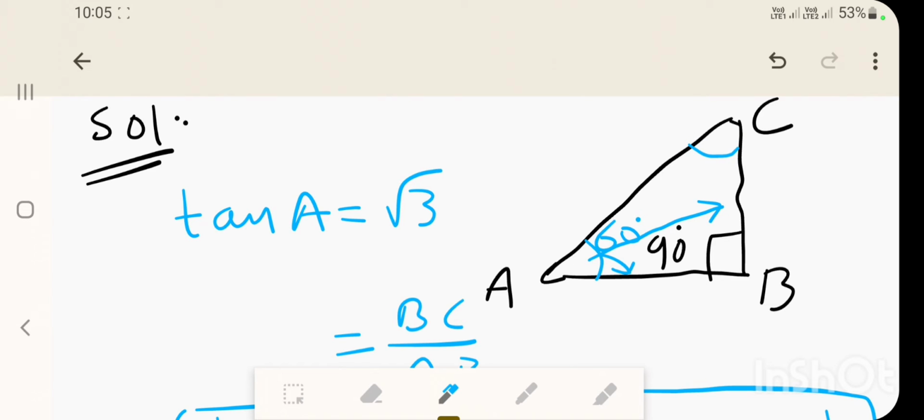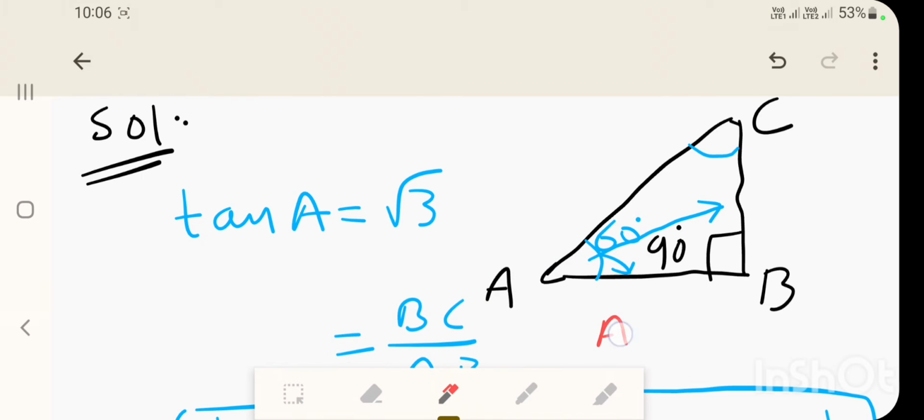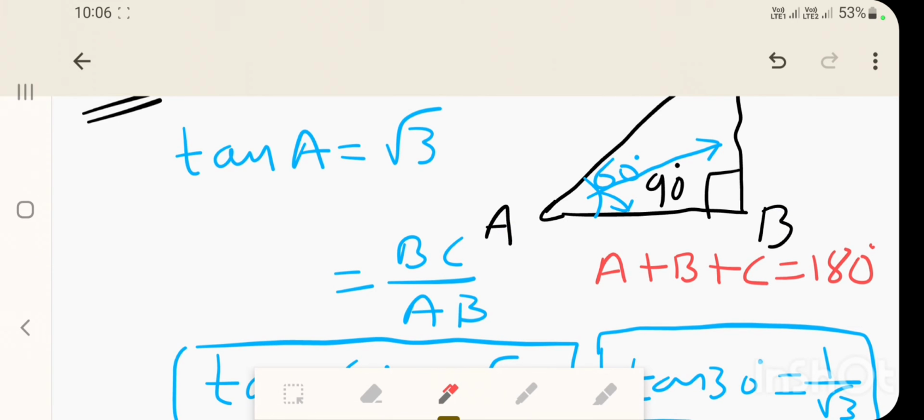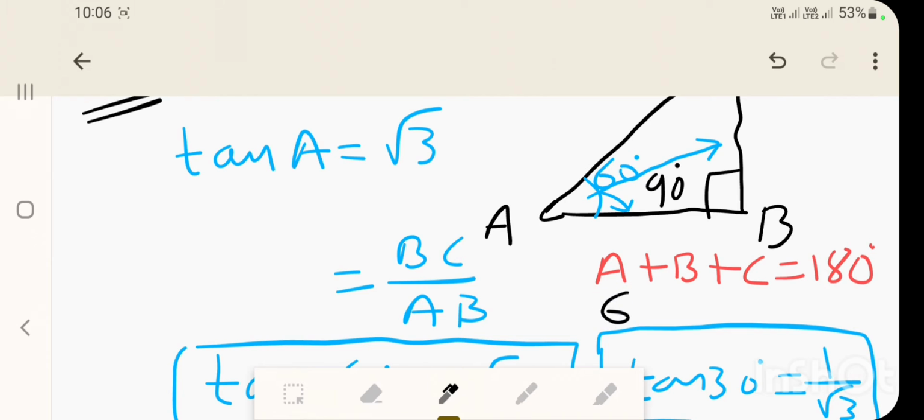In the first lecture which I have taken, lecture 1, the basics, we have discussed this, that the sum of the angles of a triangle, that is A plus B plus C, is 180 degrees. This is very basic, which you have to remember.